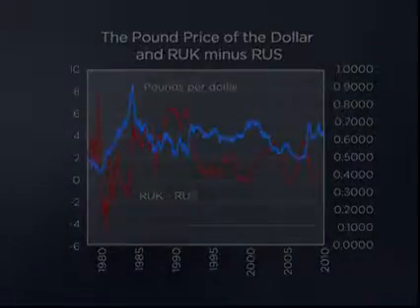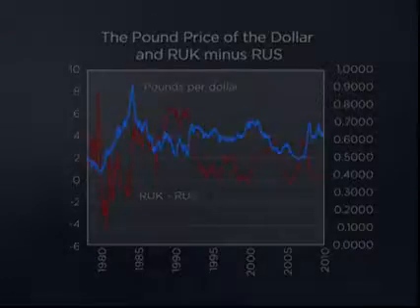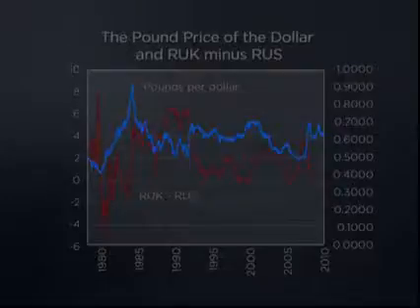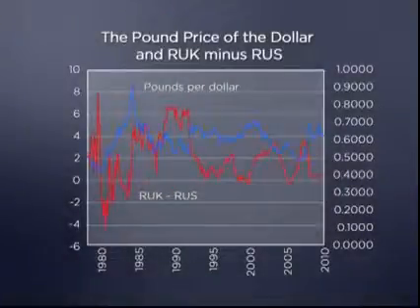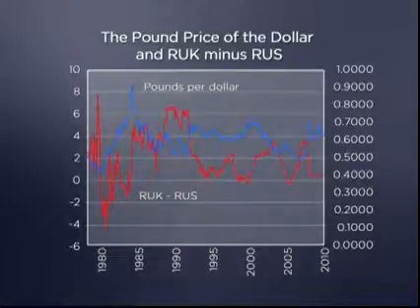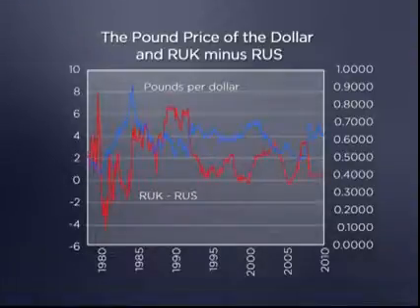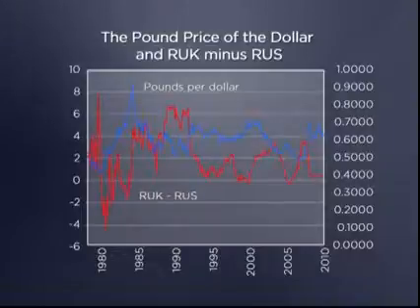The blue line is the exchange rate measured in pounds per dollar. Pounds per dollar. Okay? What do we see in the diagram? Well, we see that when UK rates increase relative to US rates, the dollar tends to depreciate, lower number of pounds per dollar.